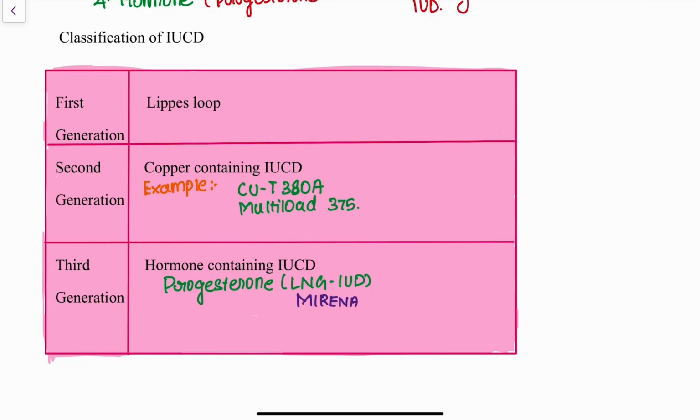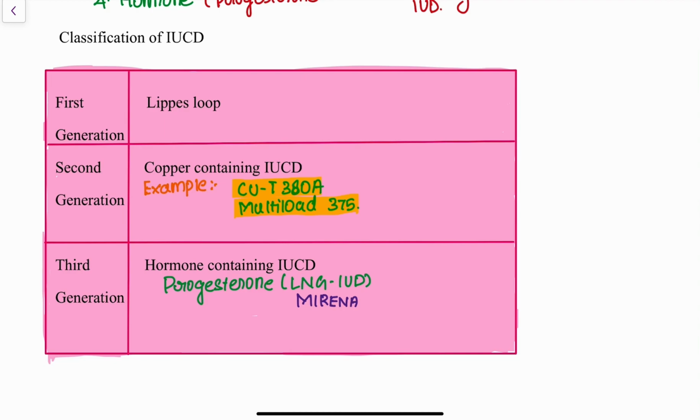The second generation is the copper containing intrauterine contraceptive devices. So what are the copper containing intrauterine contraceptive devices? Those are copper T380A, as I have written here, and multi-load 375.